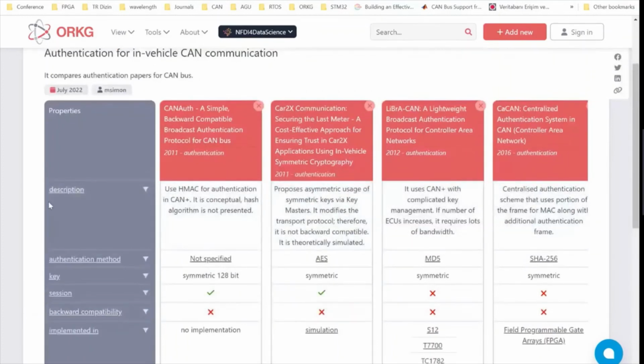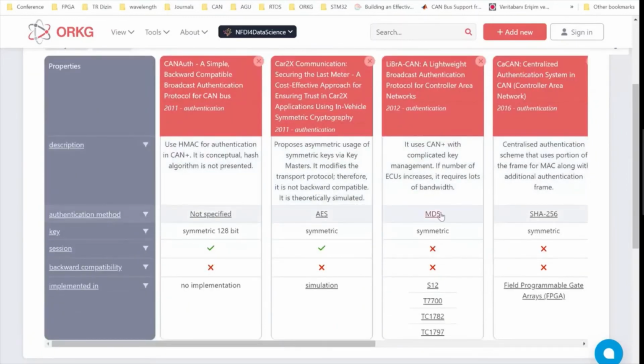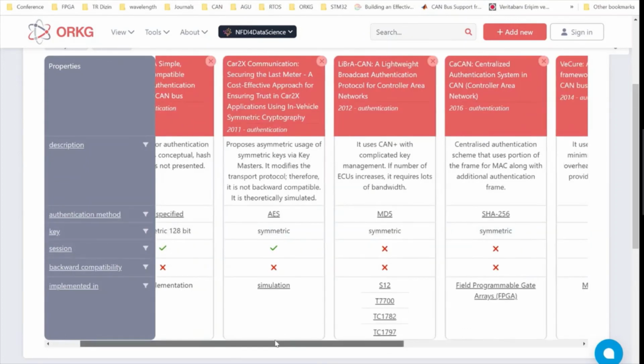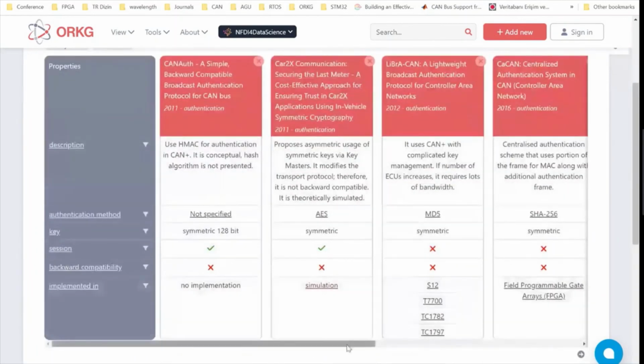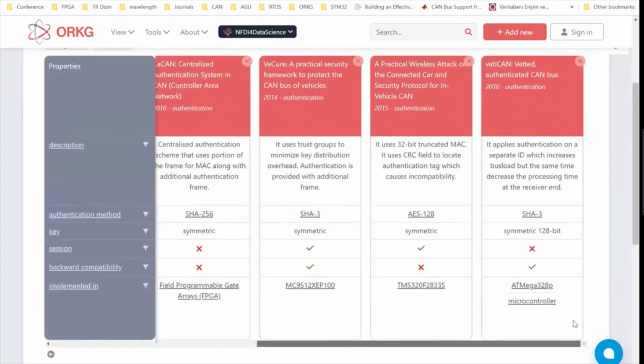We have the description of the papers, which method they have used, and the essential parameters for the authentication, like do they use a key, which keys, is there a session, is it backward compatible for the CAN bus, or do they implement it in real life or not? So it is very easy to compare papers if all the fields are filled.